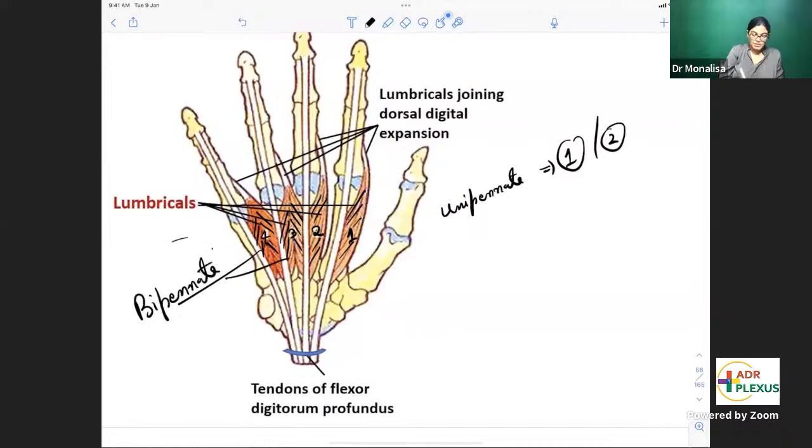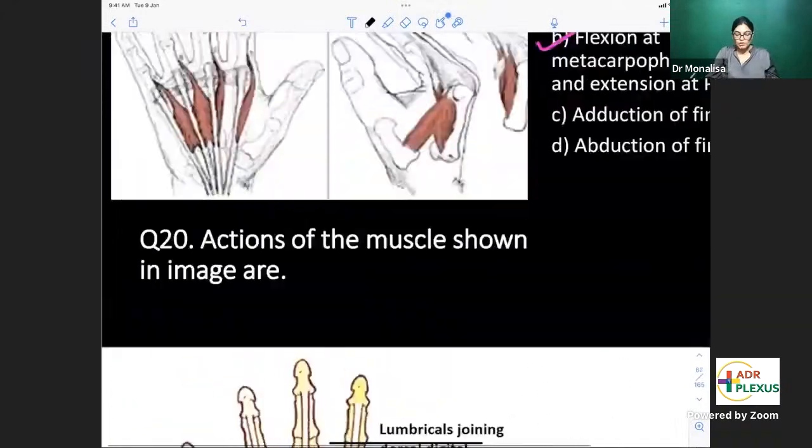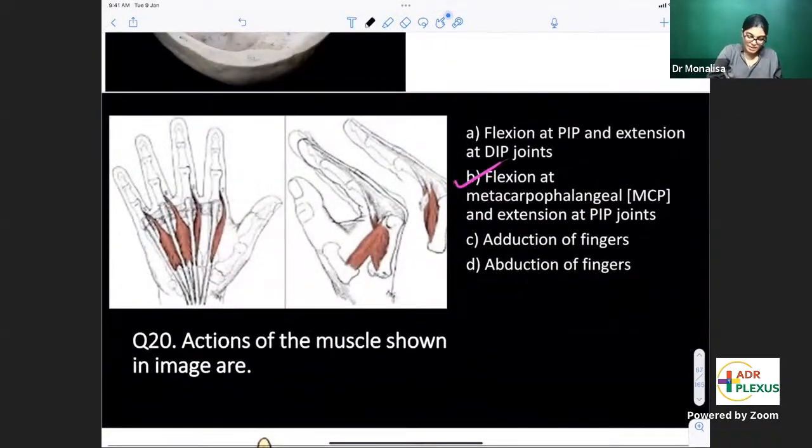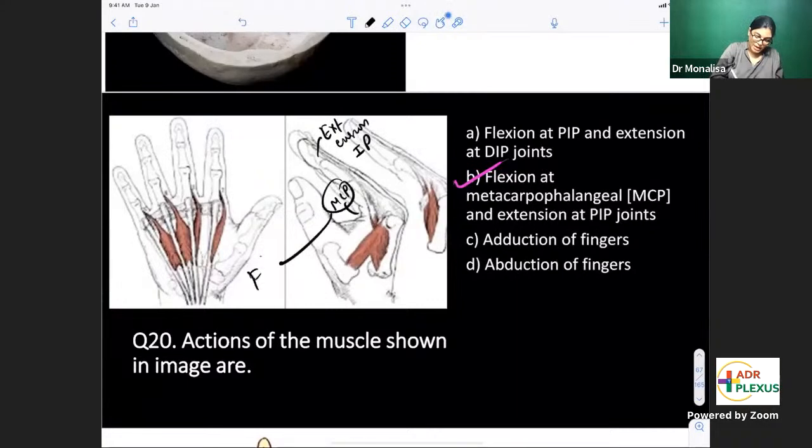And what is the action? They are causing flexion at the metacarpophalangeal joint and extension at the interphalangeal joint.